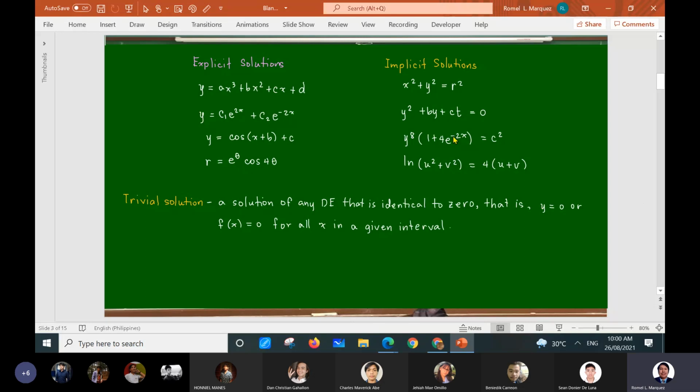We mentioned arbitrary constants. Okay? So when we say arbitrary constants, we mean those that are essential.